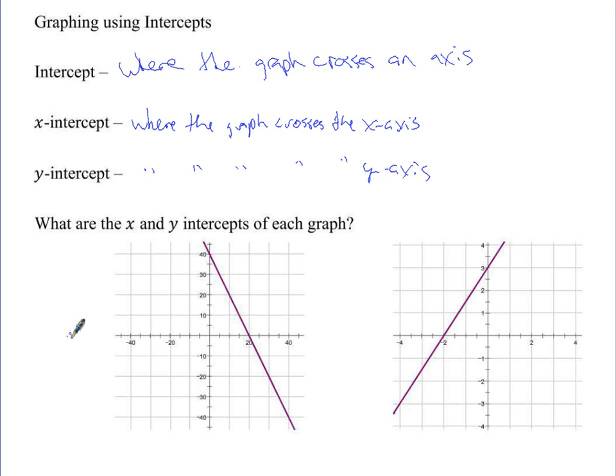So now that we know that vocabulary, we can kind of talk about the x and the y-intercepts on a graph. So for this first graph, we want to find out what the x-intercept is and what the y-intercept is. When the graph crosses the y-axis, what is the x-coordinate? Anywhere along the y-axis, what is the x-coordinate?